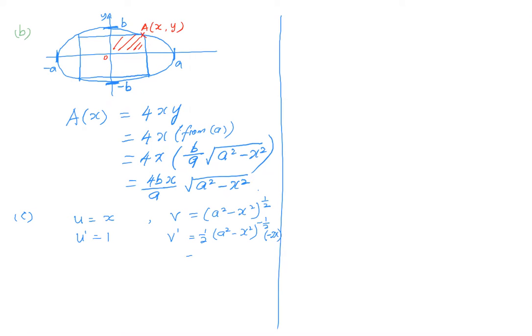So this one ends up with negative x over the square root of a squared minus x squared. So my A prime x, the constant, leave it outside.